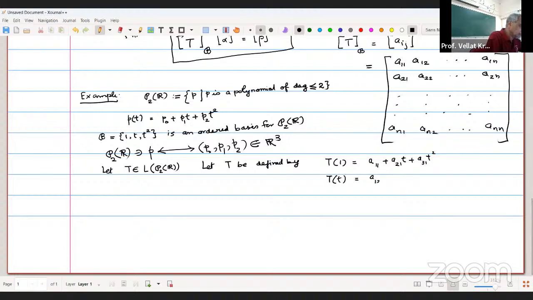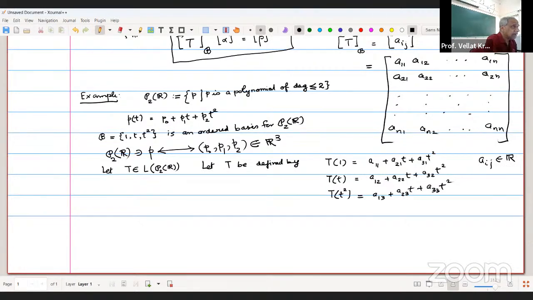A12 plus A22 t plus A32 t square. T t square is defined by A13 plus A23 t plus A33 t square, where the Aij's are real numbers.